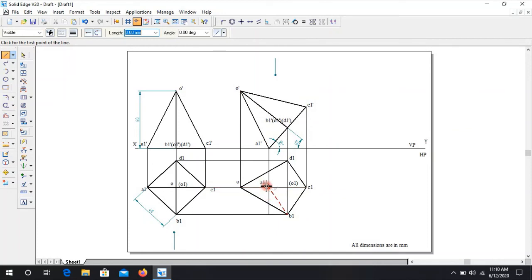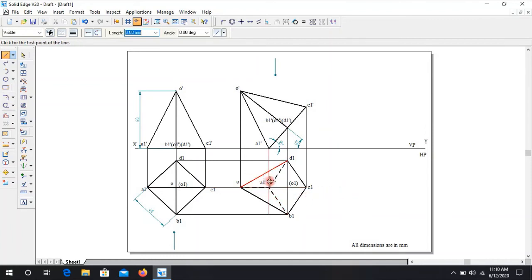Next, we'll move to point A1. There should be 3 lines, A1 to B1, A1 to D1, and A1 to O. A1 to B1, it's there. A1 to D1 is pending, A1 to O is pending. Since A is away from the observer, this line should be dotted. Again, A1 to O is also dotted.